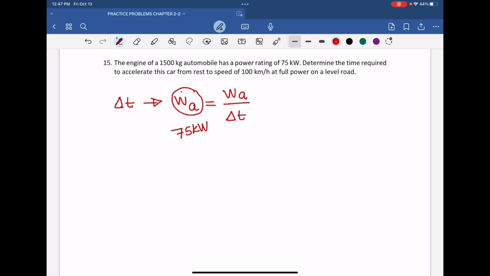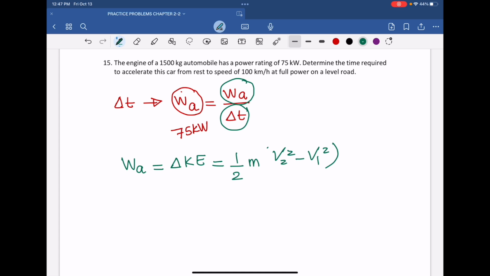And if I want to calculate the time from here, now we need to know the work to accelerate the car. And work necessary to accelerate the car is equal to its kinetic energy change, which is 1/2 mass times V2 squared minus V1 squared. But initially it was at rest. So therefore 1/2 mass times velocity 2 squared.